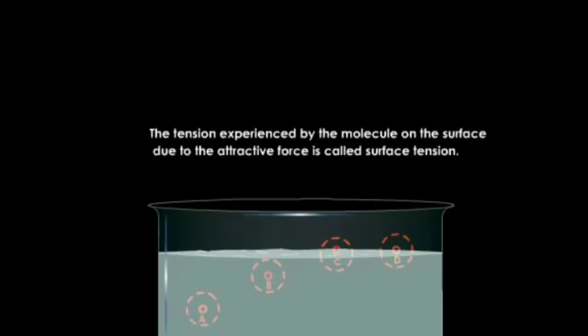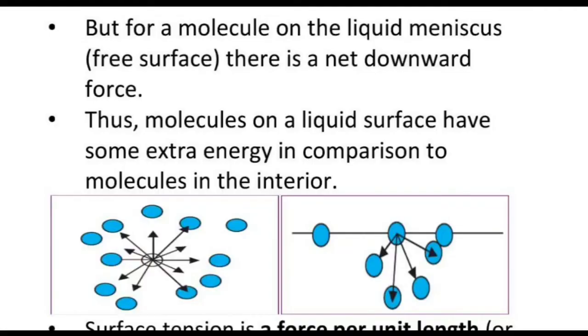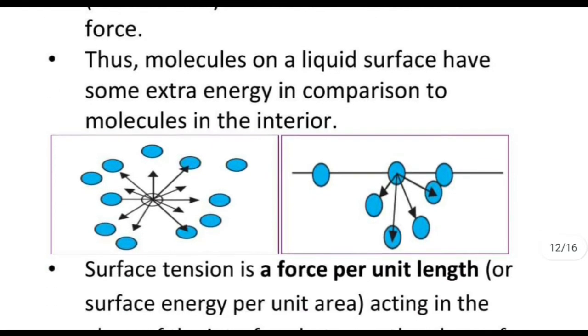It's because of this net downward pull that the surface itself acts as a stretched elastic membrane. We can say that the molecules on a liquid surface have some extra energy in comparison to the molecules in the interior. It is due to this extra energy that the surface of the liquid acts as a stretched elastic membrane.